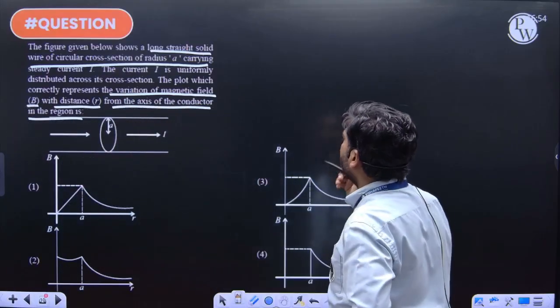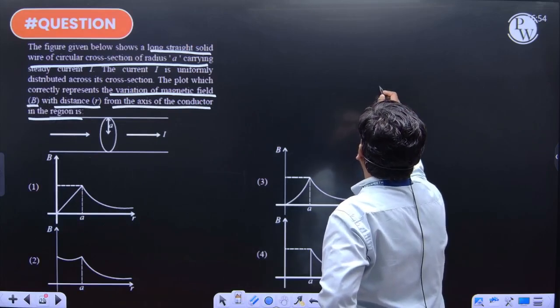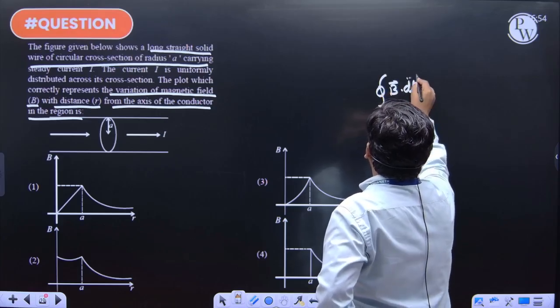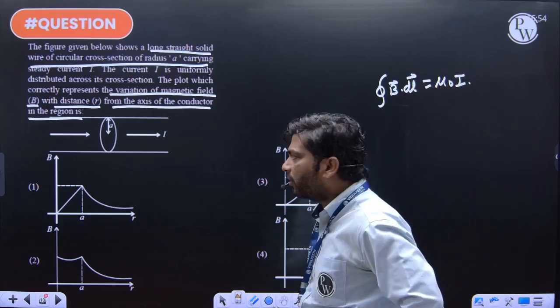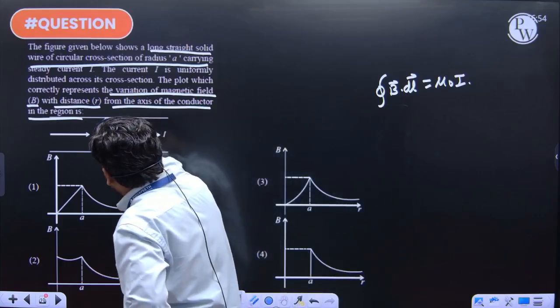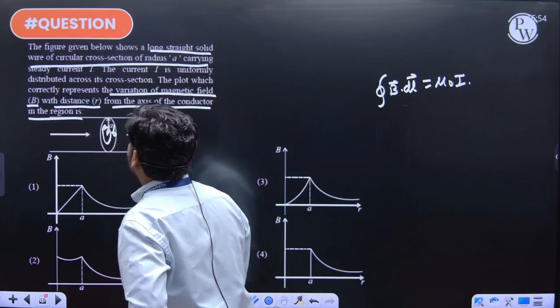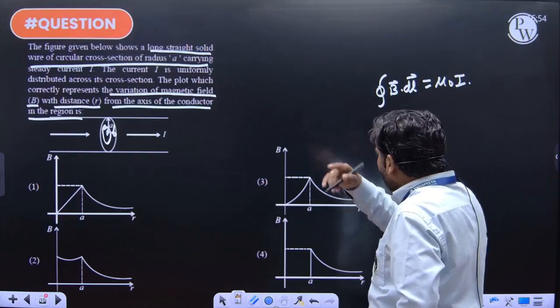So in this case, you know that if I consider any Amperian loop, the line integral of magnetic field B dot dl is equal to mu naught I. What is I? I is the current which is threading through it. So we will consider one small section having radius small r, and we will try to find out the current in it. The current is uniformly distributed.